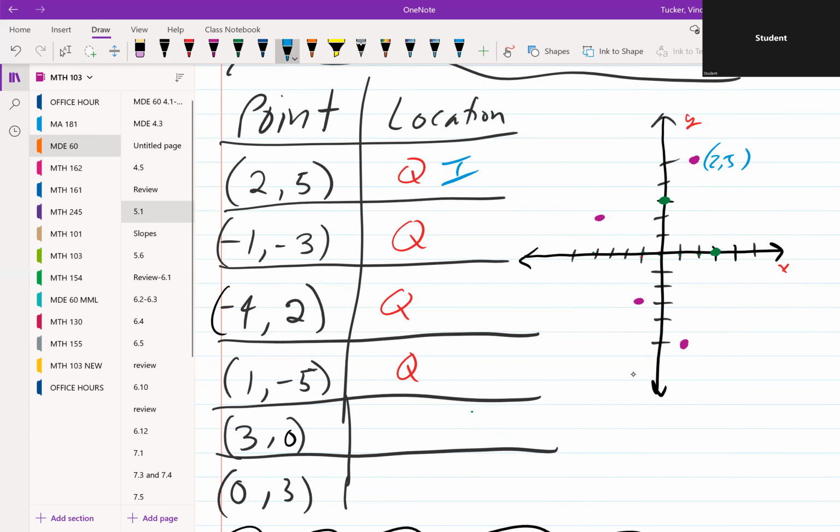Then we have -1, -3. So you start at origin right here in the middle, and you go to the left 1, down 3, which would be right here. So that puts us in quadrant 3.